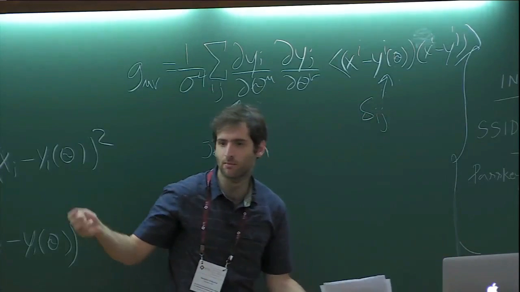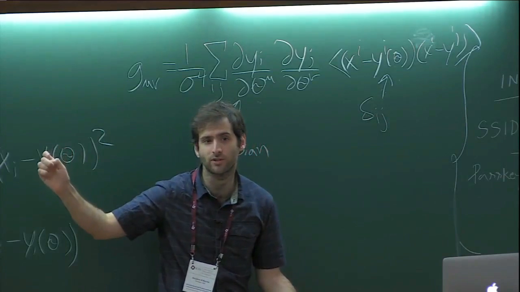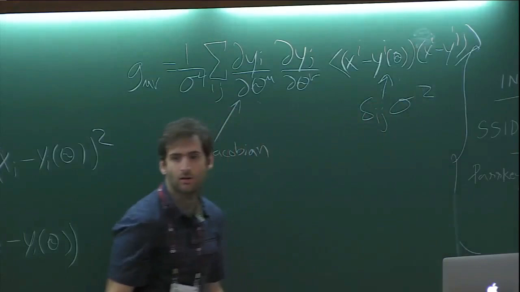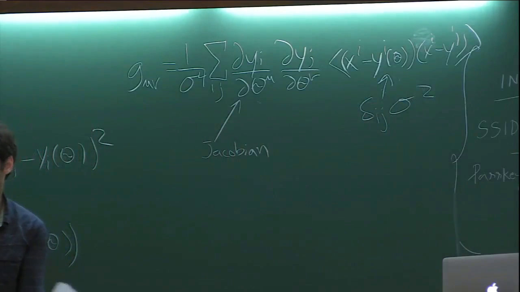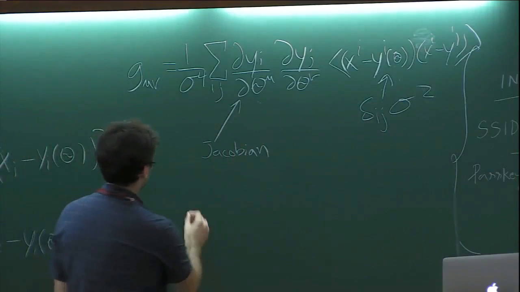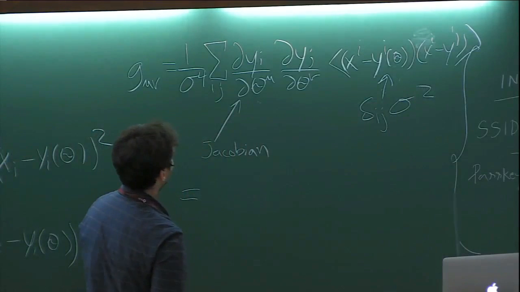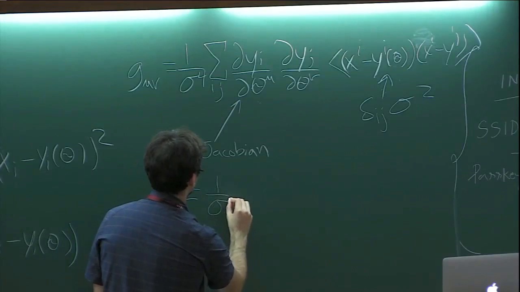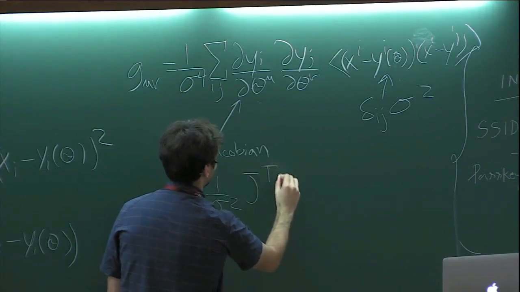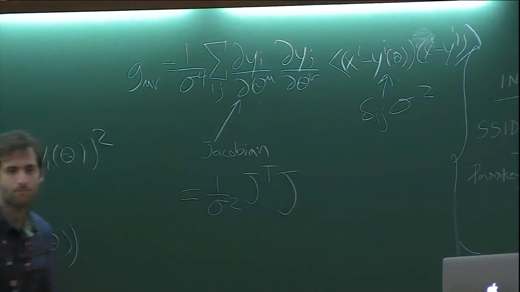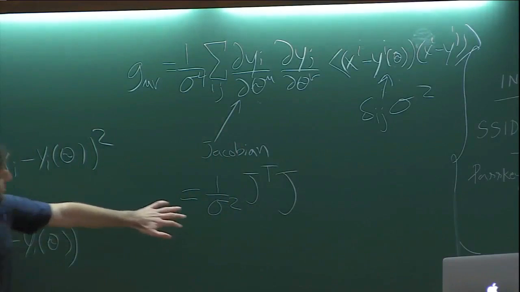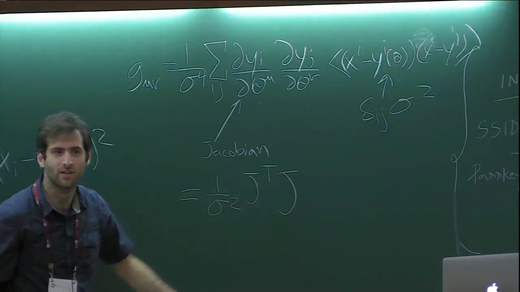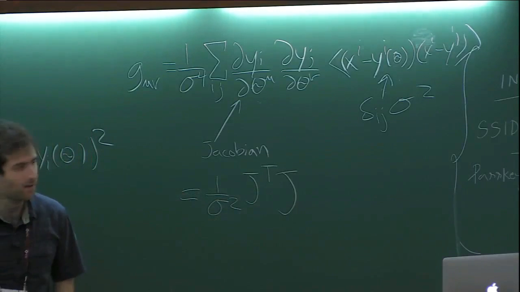So I'm assuming that my different time points are uncorrelated with each other. And then sigma squared, right? So that's just the size of the fluctuations in each one. And that means that I can write g mu nu as 1 over sigma squared J transpose J, where this is the same formula that Mark derived earlier. So just giving a slightly different derivation.